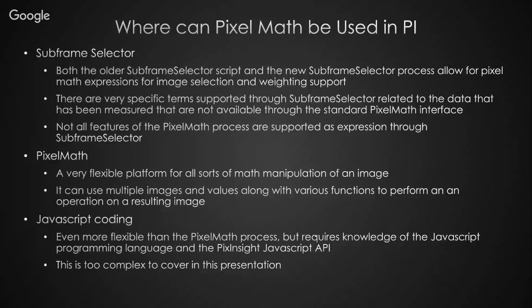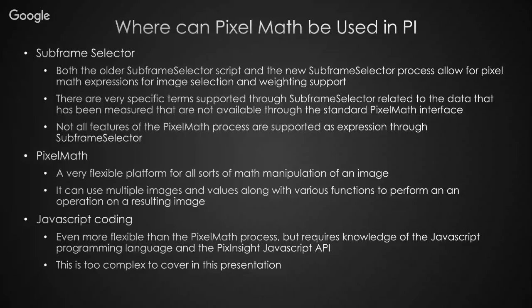So there's a couple places where you can use pixel math in PixInsight. The three that come to mind for me are in subframe selector. Both the older subframe selector script and the new subframe selector process in the latest versions of PixInsight allow for math expressions for image selection and weighting support.